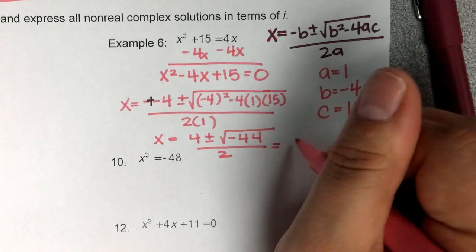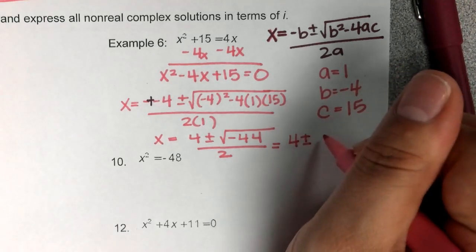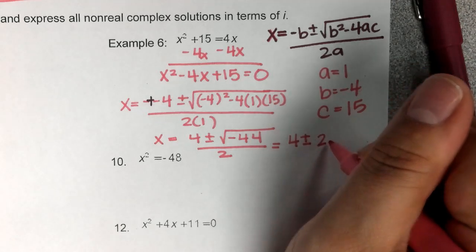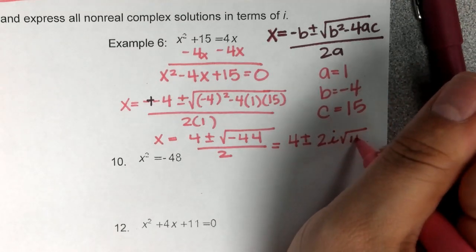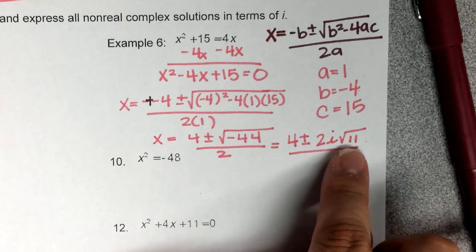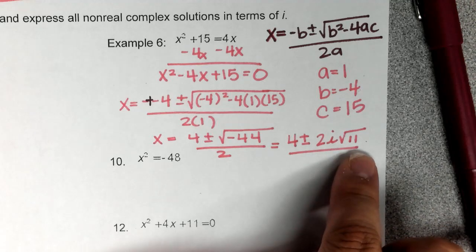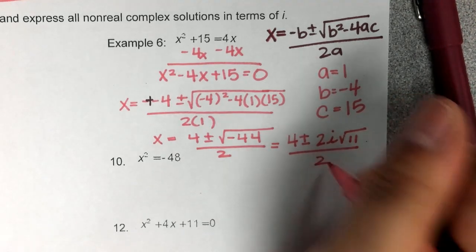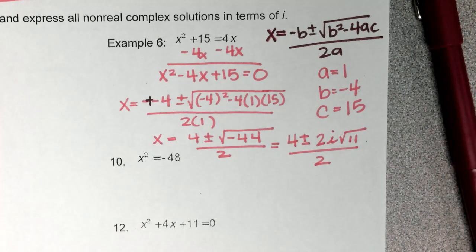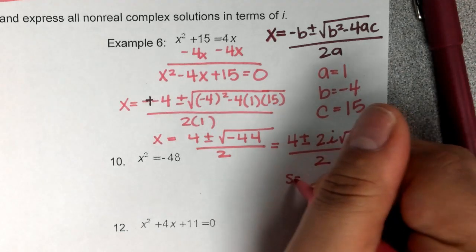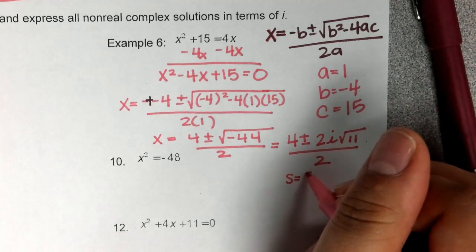So this is going to give me the square root of 4 is... Do y'all all agree 2i square root of 11? Are y'all okay with that? And what does this reduce to?